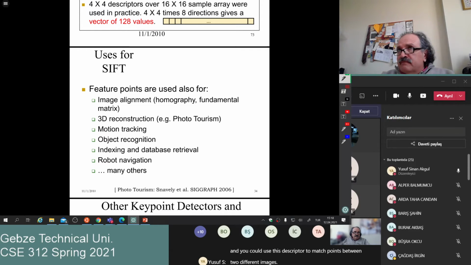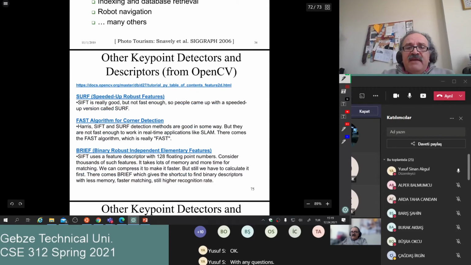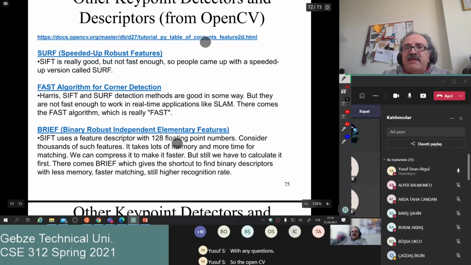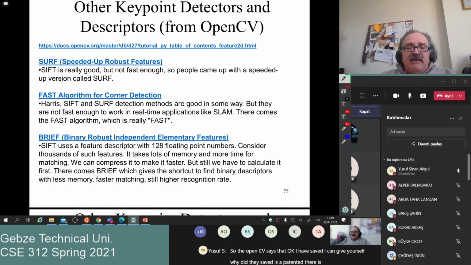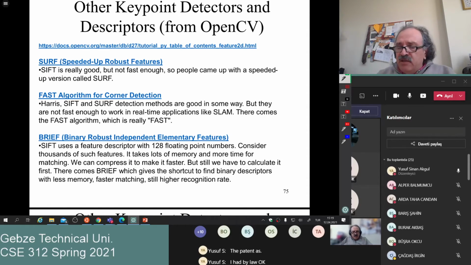Okay, good. Any questions? So OpenCV says, okay, I have SIFT, I can give you SIFT. By the way, SIFT is patented. The patent is held by UBC, a Canadian university.